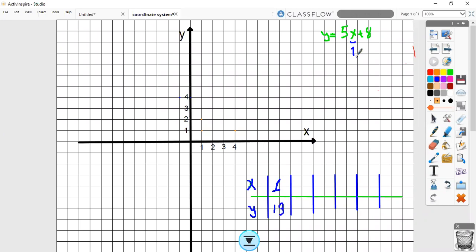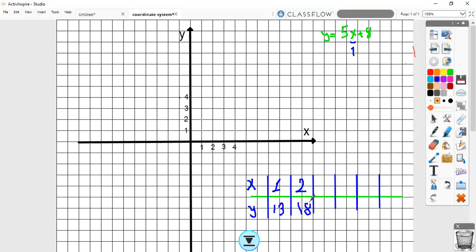Is it true? If I put 2 instead of x, the second point will be 18.